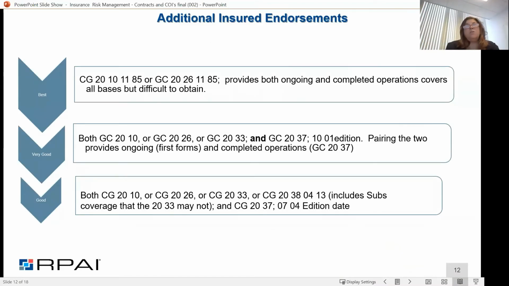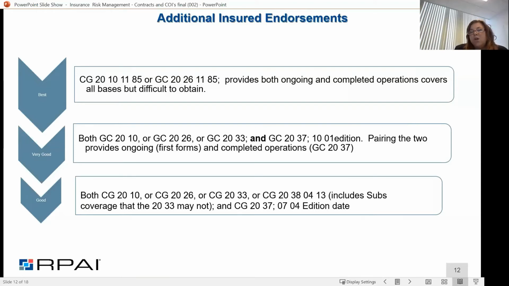All right, so we talked about additional insured endorsements, and there's a lot of them out there. We basically create a library that we can look at general forms to look them up. I don't want the full policy and I don't want to read the full policy form.